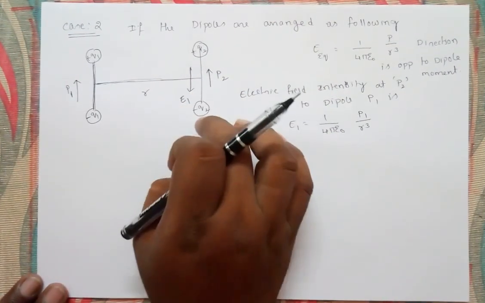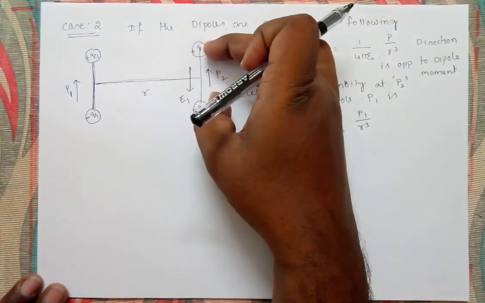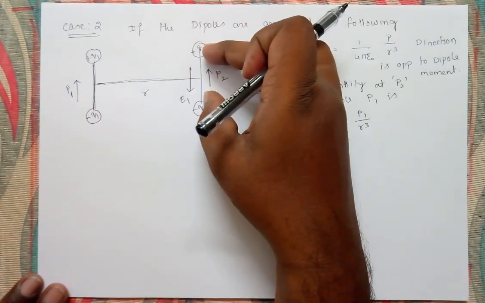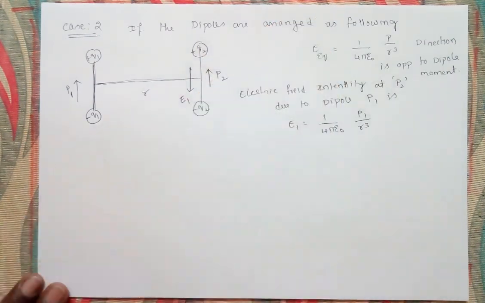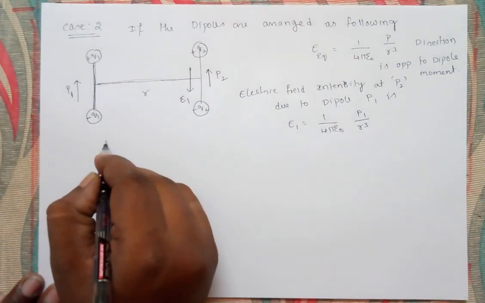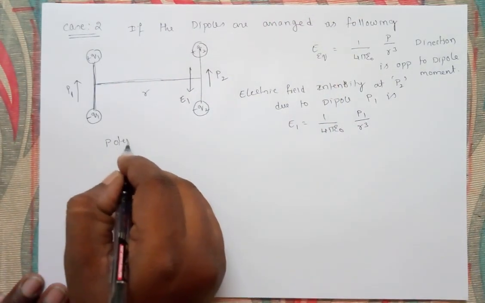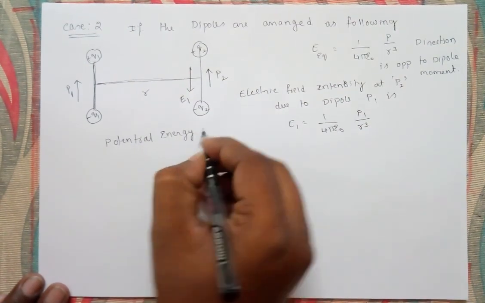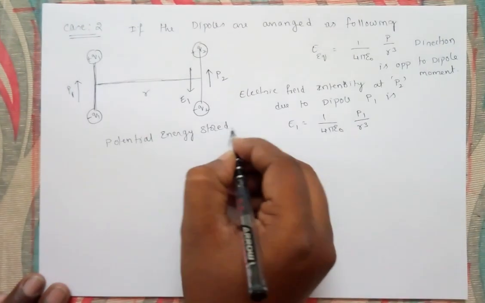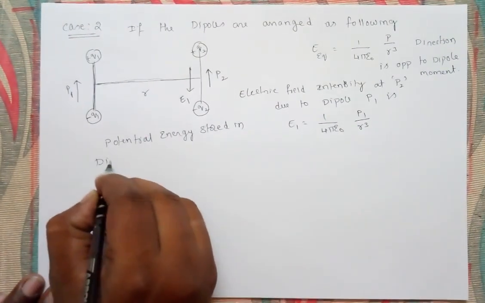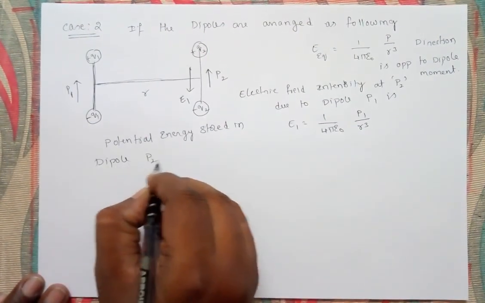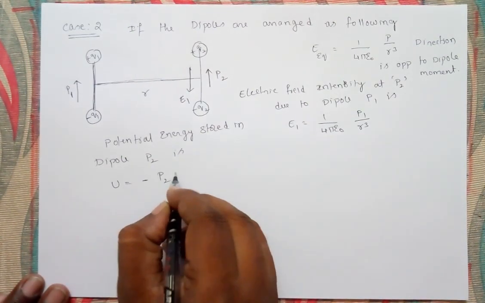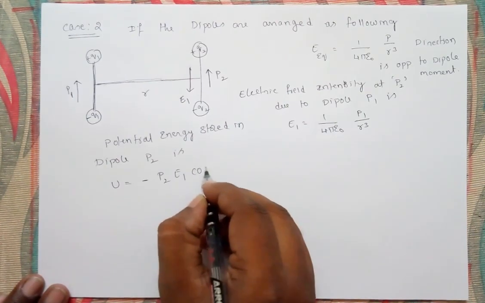What is the potential energy developed in it? Whenever this dipole is present in the electric field, some potential energy is stored in it. We have the expression: the potential energy stored in dipole P2 is U equal to minus P2 E1 cos theta.